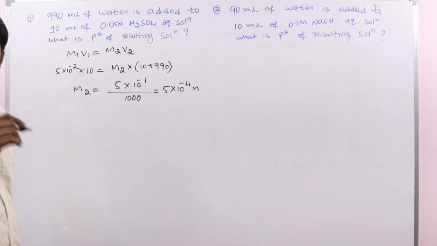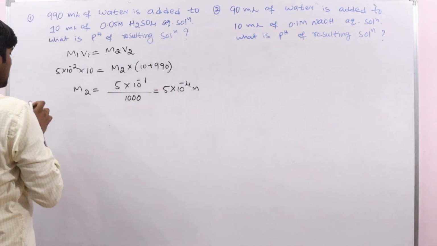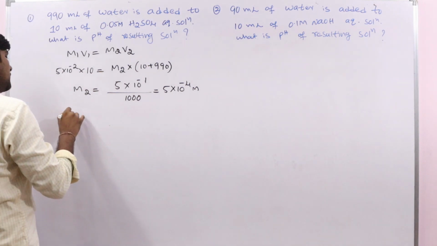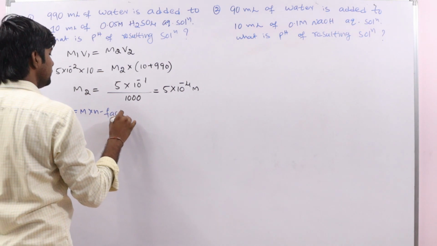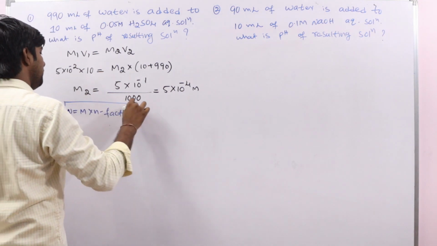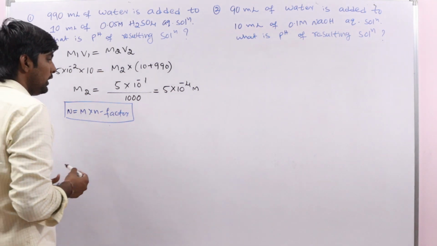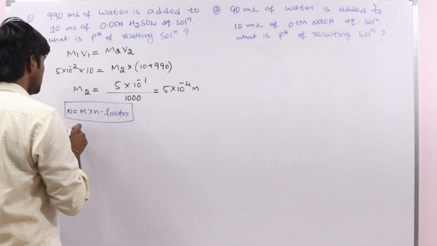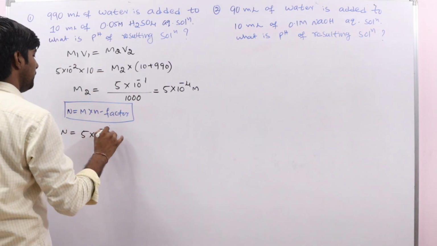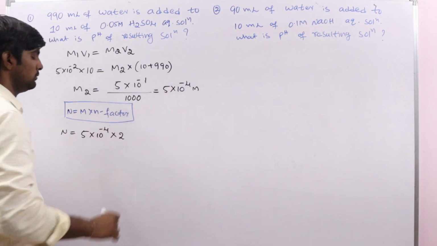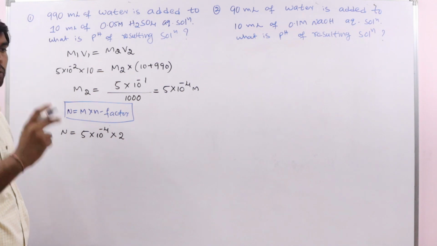But we need concentration in normality. What is the formula which we already discussed? Normality equals molarity into n factor. See this, everywhere it is useful. Substituting, normality is equal to 5 into 10 power minus 4 into 2, since the n factor for H2SO4 is 2.